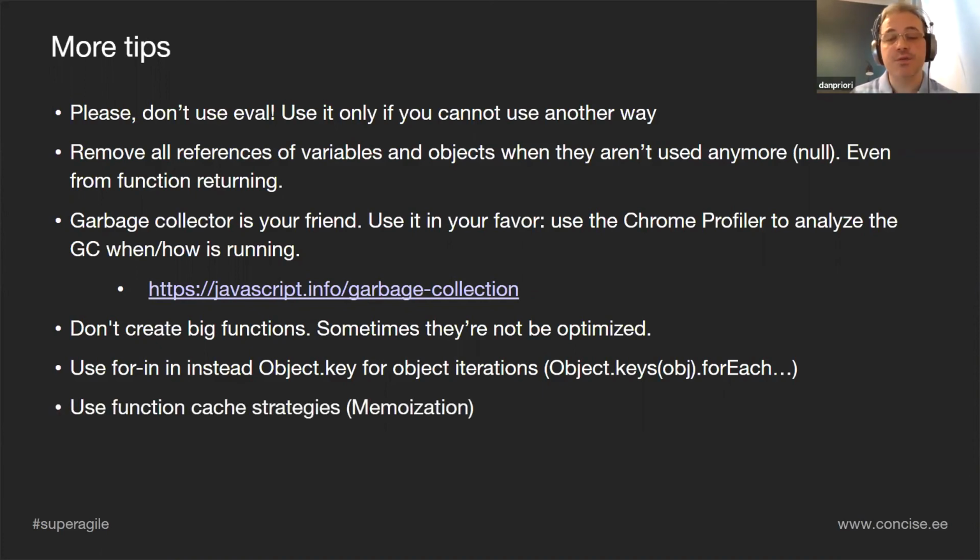Also, a good tip here: use function cache strategies, which we call memoization. Most of the time we can use it with functional programming, but you can use it in different ways. If you don't know what this is, to summarize, it is a cache strategy you can use when the same input will always generate the same output.